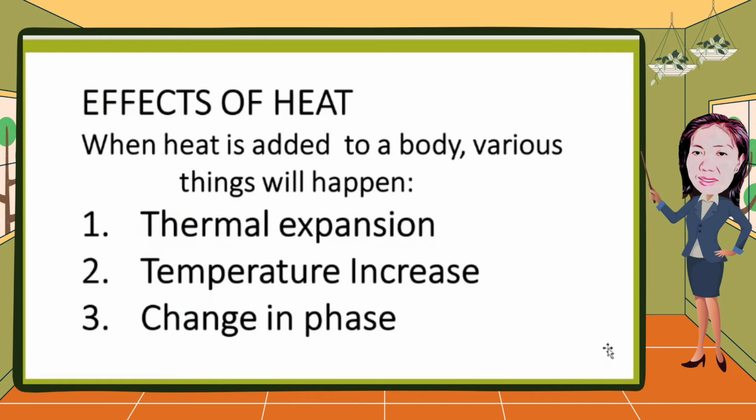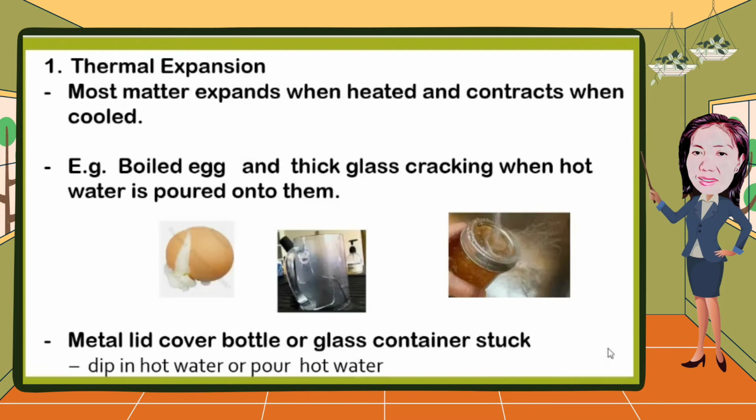So the effects of heat. So when heat is added to a body, there are various things that will happen. So ito yung mangyayari when we add heat: thermal expansion, temperature increase, and change in the phase. So ito yung mga effects of heat. Let's start with the thermal expansion.